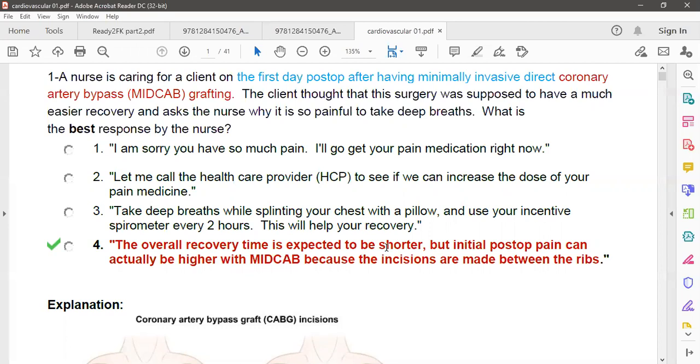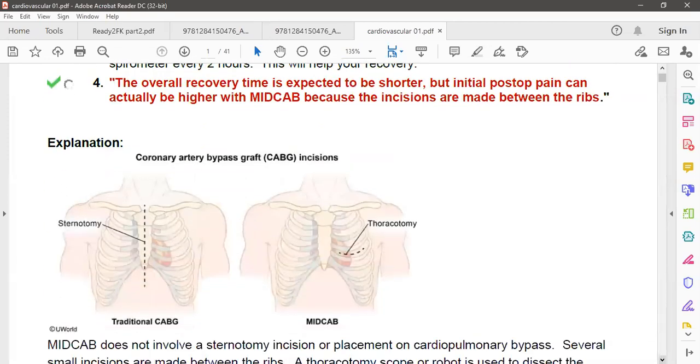But sometimes something happens, and every case is not the same. Initial postoperative pain can actually be higher with coronary artery bypass grafting because the incisions are made between the ribs. So this is the very logical answer.